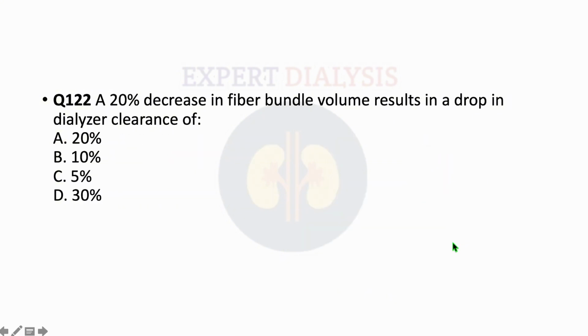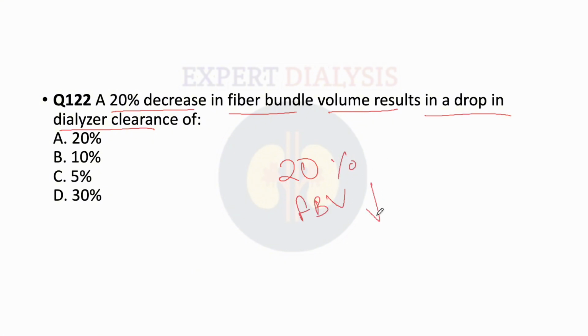So moving to the second question. Here the question says a 20% decrease in fiber bundle volume results in a drop in dialyzer clearance. So 20% fiber bundle volume has been decreased, and he is asking how much clearance is going to be affected.